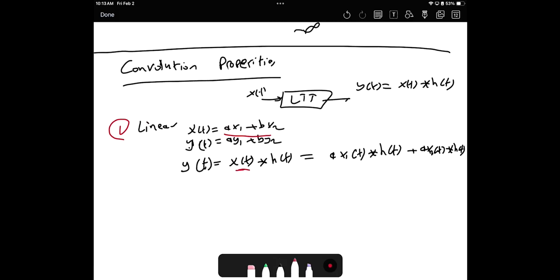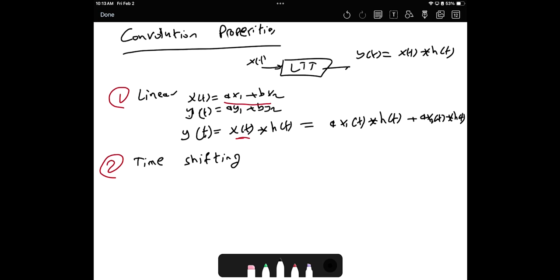Now, another property, or the second property, time shifting. So time shifting, whenever we have y of t equals x of t convolved with h of t, here is no time shift.